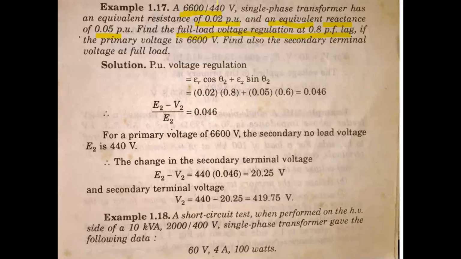So the given values are E1 by E2, 6600 by 440, so E2 equals 440 volts. We know that the per unit voltage regulation is given by sigma r cos theta 2 plus sigma x sin theta 2 at a lagging power factor.